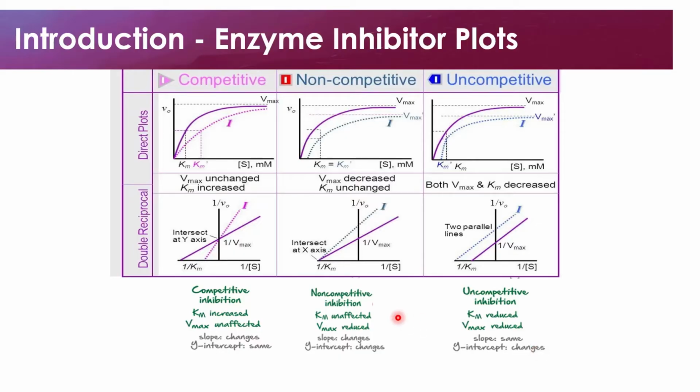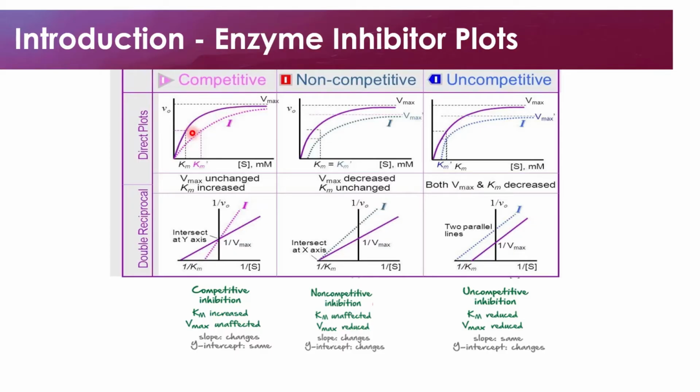So let us now see how the three main types of inhibitors, that is the competitive, non-competitive, and the uncompetitive, affect the enzymatic reaction using the Michaelis-Menten plot, or the direct plots, and the Lineweaver-Burk plot, or the double reciprocal plots.